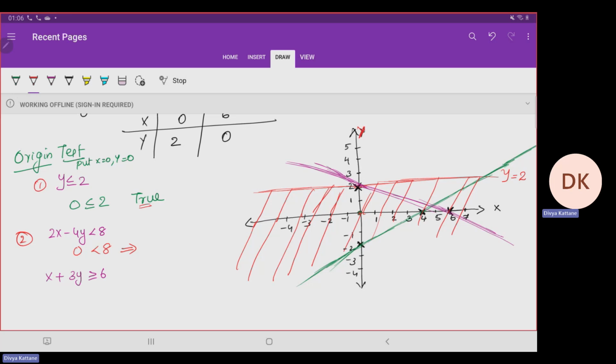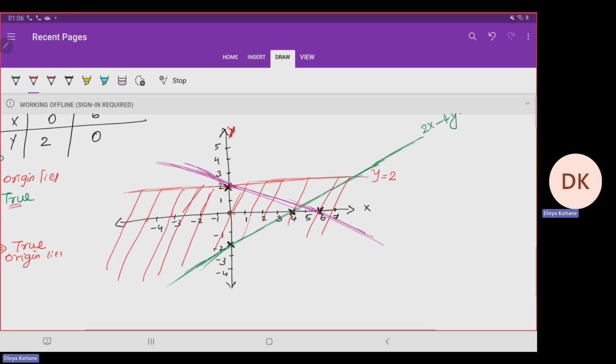Clearly it is true, 0 is smaller than 8. So here also the origin lies inside.